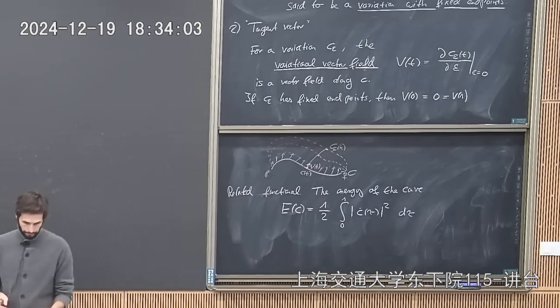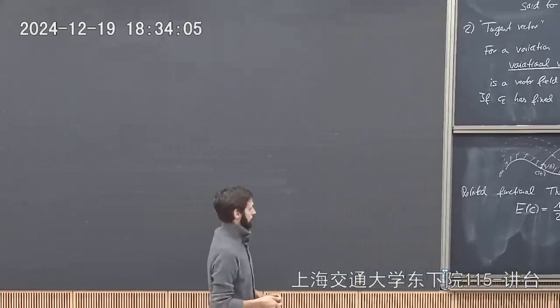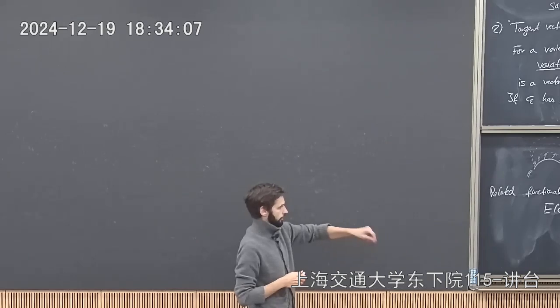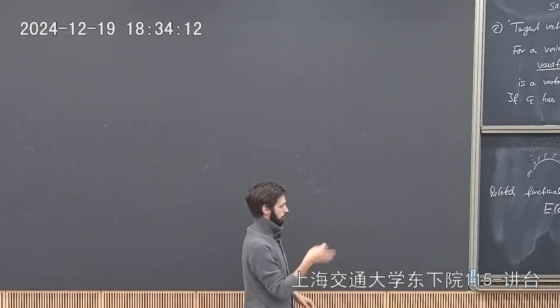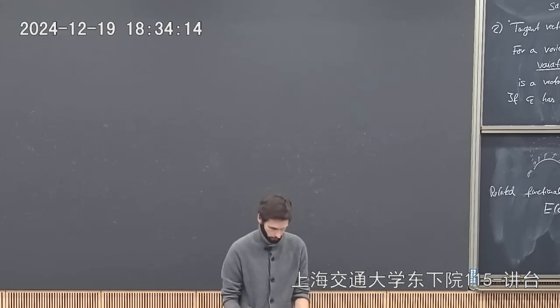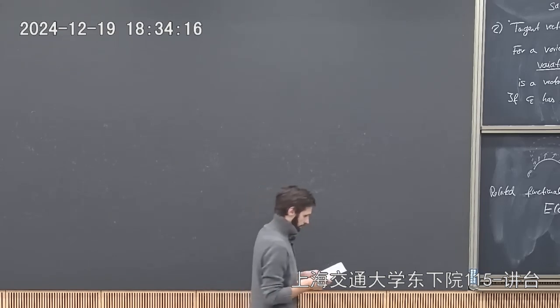So that's the energy or kinetic energy if you think of the curve as like a particle moving, so without any influence of a potential. So it's just like the free kinetic energy.